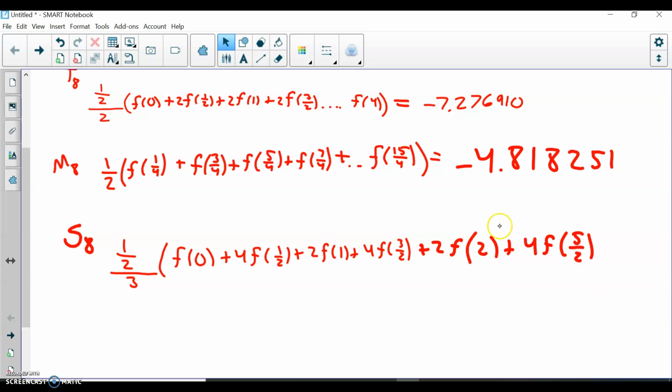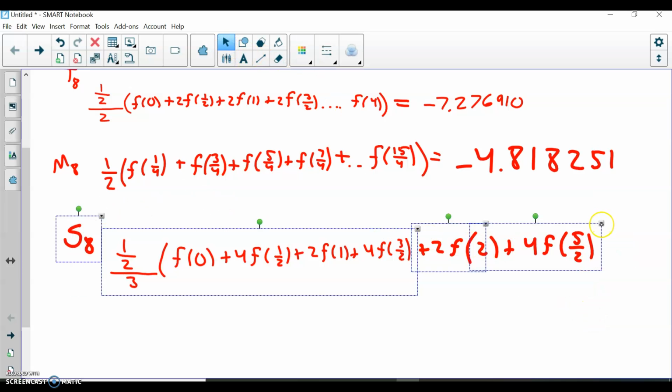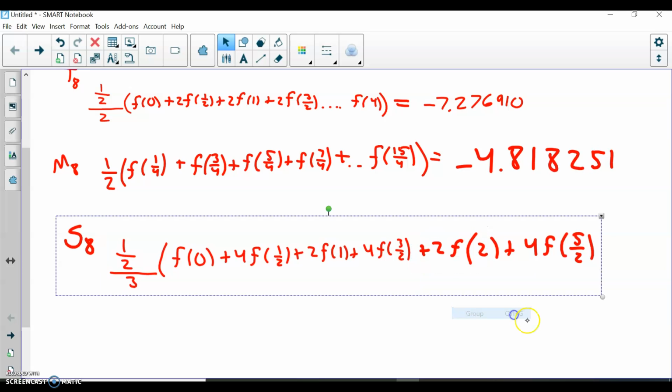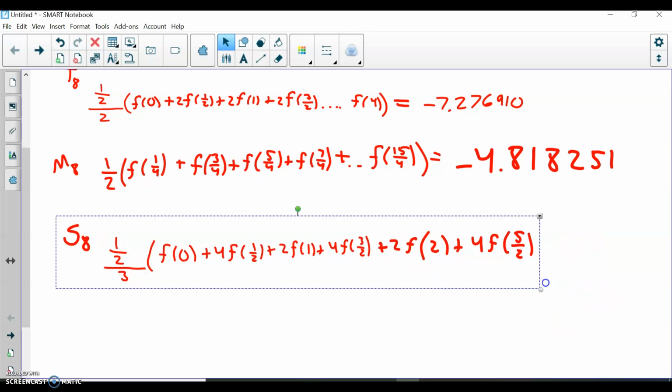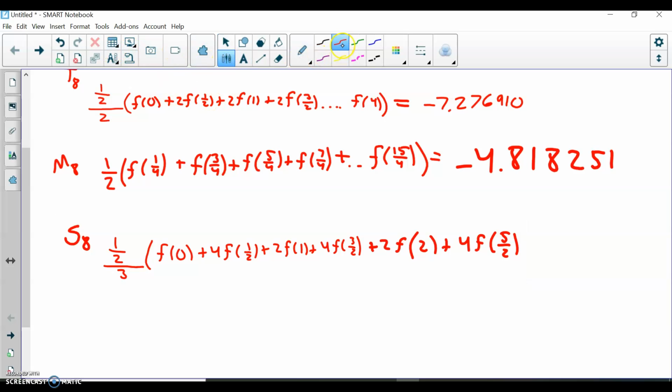Well, let's just finish this one. Not many more terms left. So we have 2 times f of, we were at 5/2, so now we're at 6/2, which is 3.